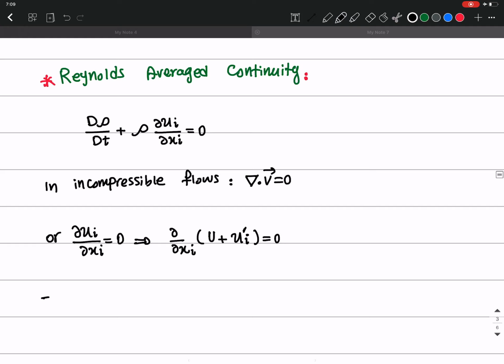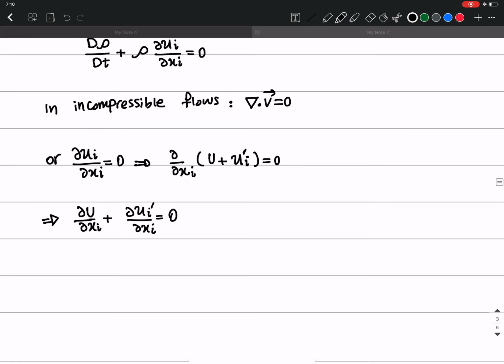Again, we can write this as partial over partial xi of capital U, plus partial u prime i over partial xi equals 0. Okay.